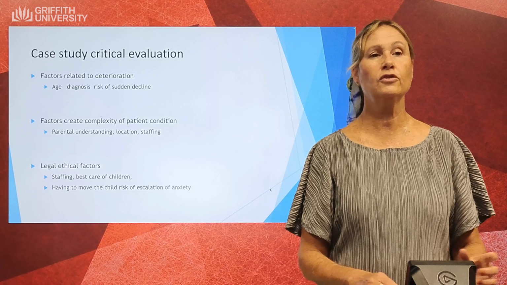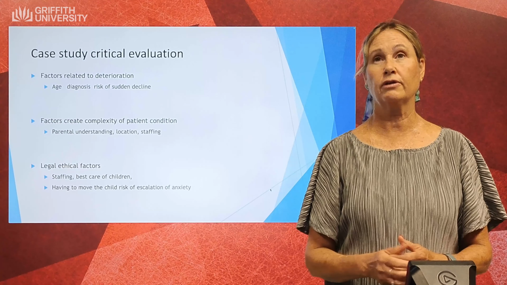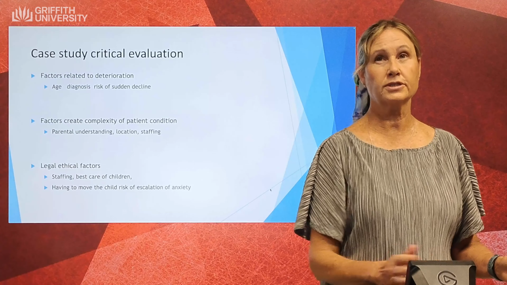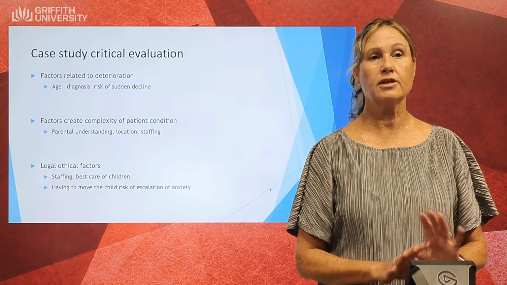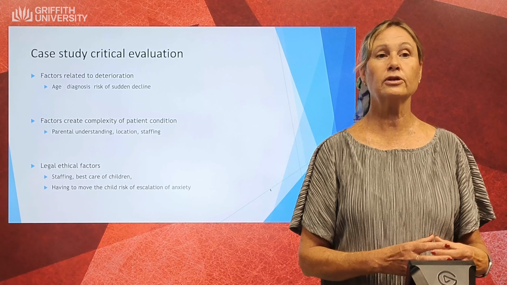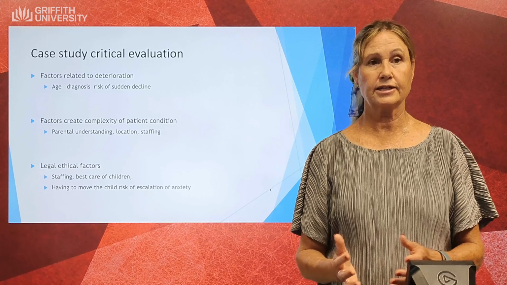And then looking at these factors related to deterioration. So thinking what are related to deterioration and what was the complexity of the patient. So in this one: age, diagnosis, sudden risk of decline, parental understanding, location, and staffing.